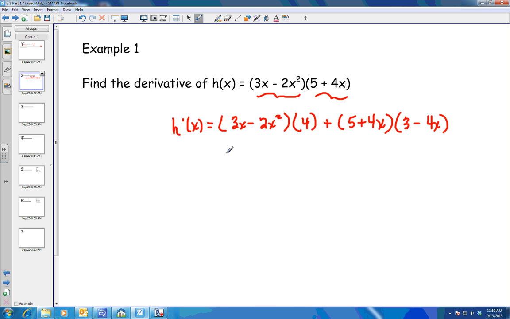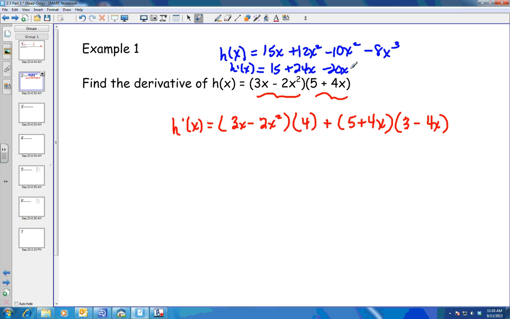All right? Now the other way we would be able to find the derivative, if I FOILed all this out, and I got, what would that be? 15x plus 12x squared minus 10x squared minus 8x cubed. If I FOIL all this out, now I can find the derivative using the power rule. So the derivative with the power rule would be 15 plus 24x minus 20x minus 24x squared.